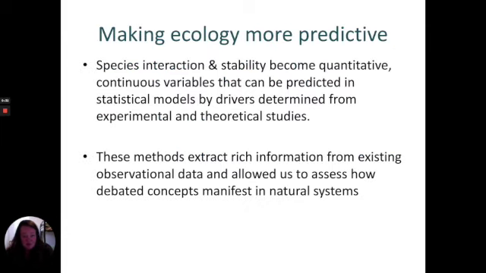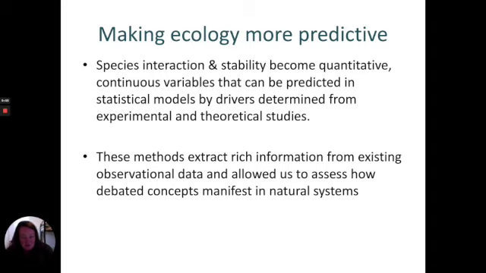So overall, we've used these new time series methods to create species interactions and stability metrics that are now continuous variables, so we can look at how they change through time and what they're associated with in terms of the environment or species diversity and traits.